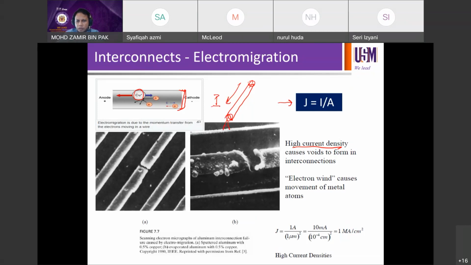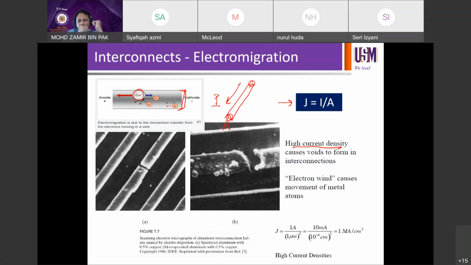High current density causes voids to form in the interconnects. The bigger the current you push through a small area, the bigger the effect. It can cause more electromigration because the current carrying capability through a very small area has to be very huge.